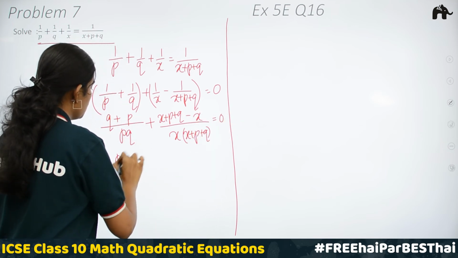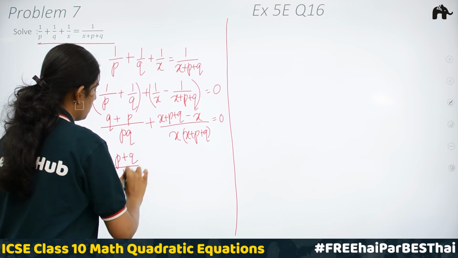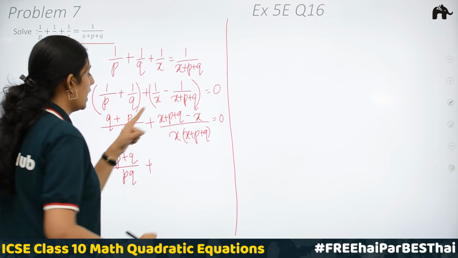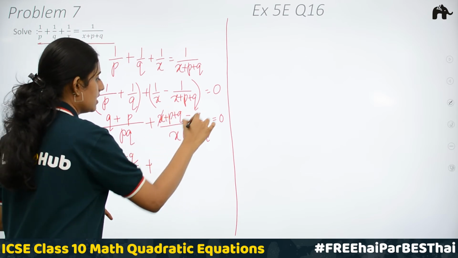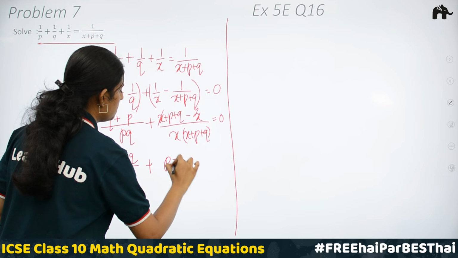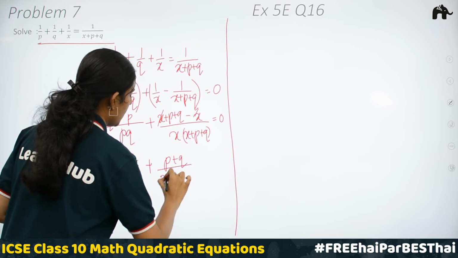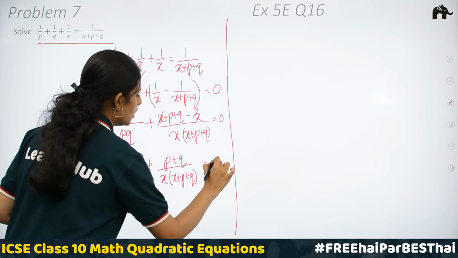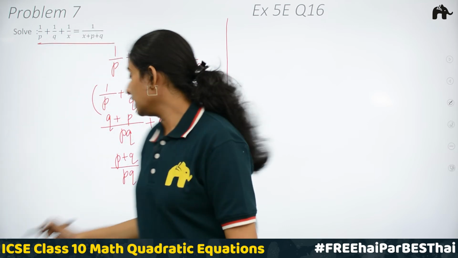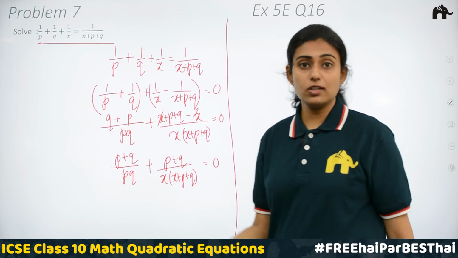Here it is p plus q divided by pq plus positive x and negative x gets cancelled. Then the remaining, it is p plus q divided by x into x plus p plus q is equal to 0. Now, you can see p plus q in both these terms.